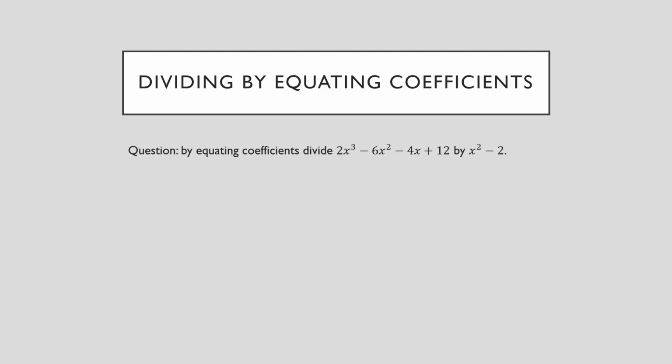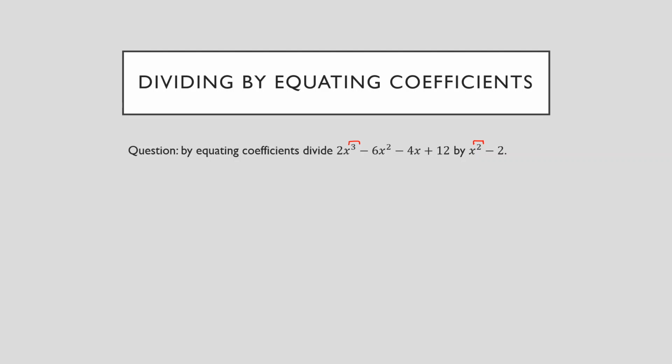Okay, because we know in advance that if we're dividing a polynomial of degree 3 by a polynomial of degree 2, we should end up with an answer of a polynomial of degree 3 minus 2, or 1, which is a linear polynomial.